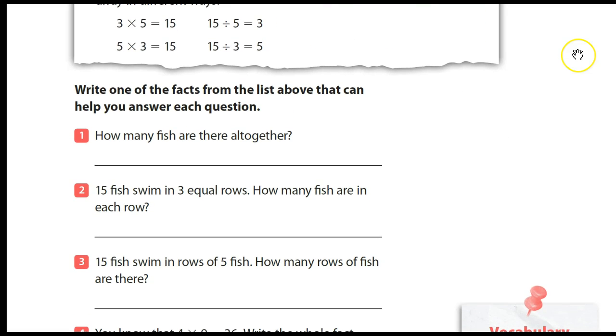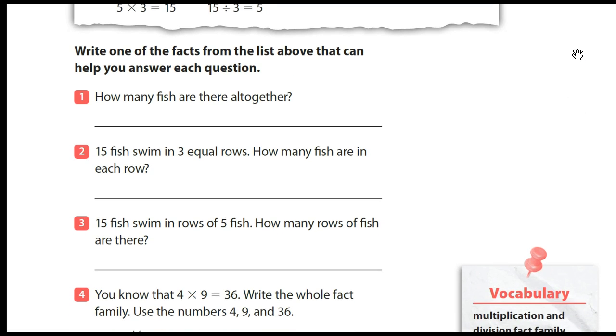So we're going to use the array. Write one of the facts from the list above that can help you answer each question. Okay? So how many fish are there all together? 15. Now, which math equation or sentence could I use to figure that out? If I want to find out the total, what would I use? Tell me.